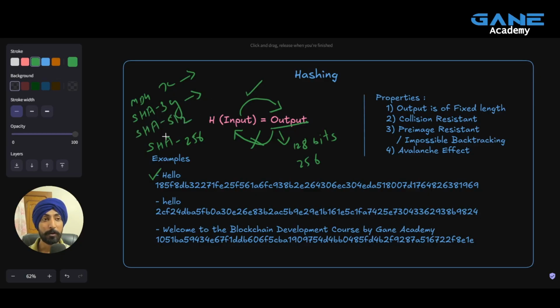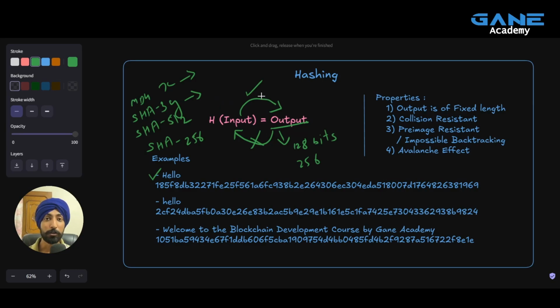Now it depends on what your use case is and how big of an output you want. If you want a 256-bit output, you can use SHA 256. You can use 512 as well, for a 512-bit output. There is MD4 and SHA3 as well. So you can use any technique to create a hash function.